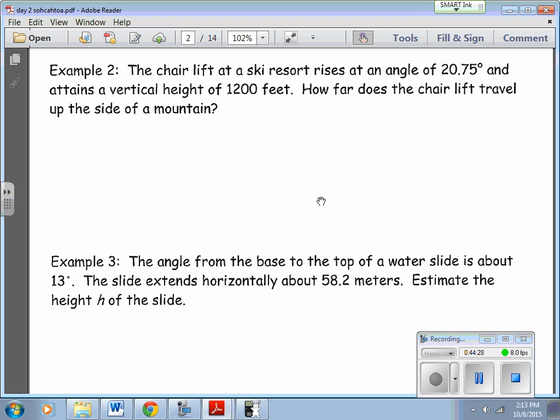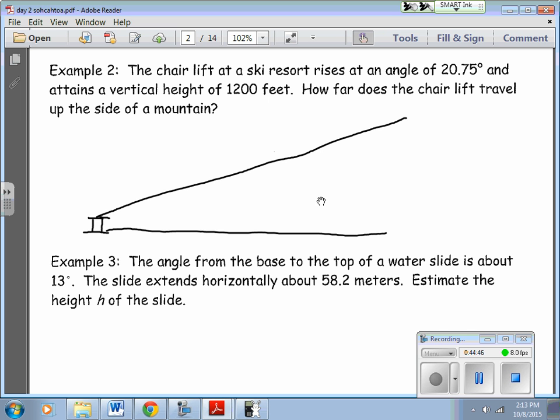All right, bottom, top. So let's say the chairlift is right here. There is a point where the chairlift is going to reach the top of the mountain, yes?